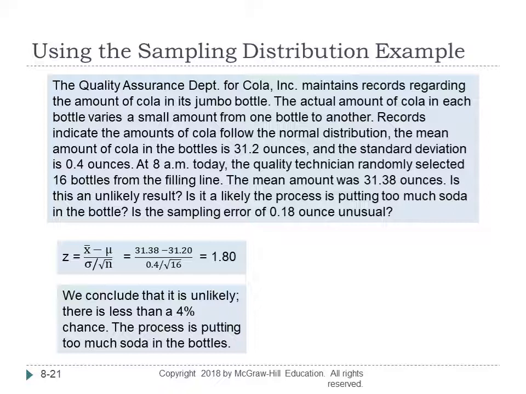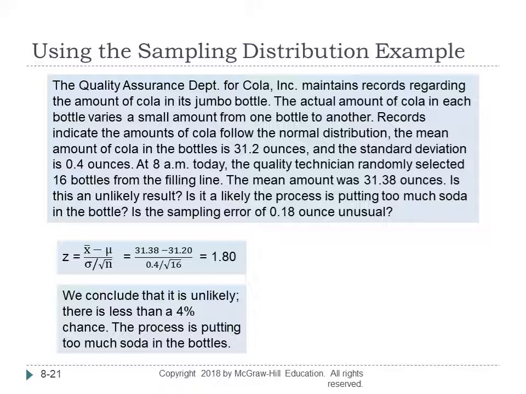We conclude that it is unlikely. The probability from the table will be that there is less than a 4% chance that this happens. But this is a very small probability, which means there is something wrong. The mean that we calculated for the sample appears to be unlikely because there's less than a 4% chance. This is from the table.